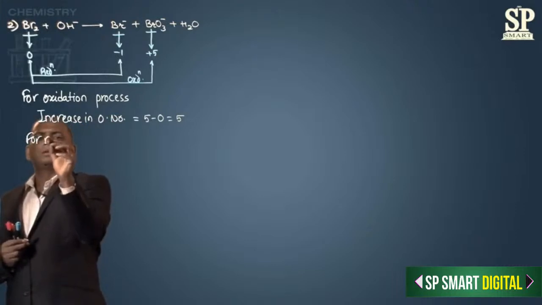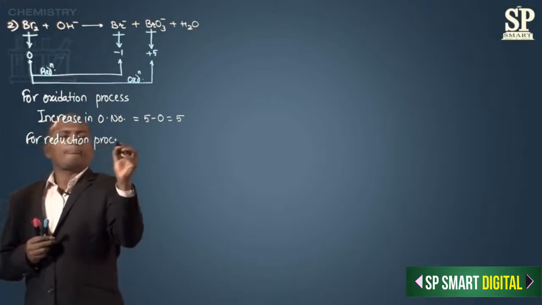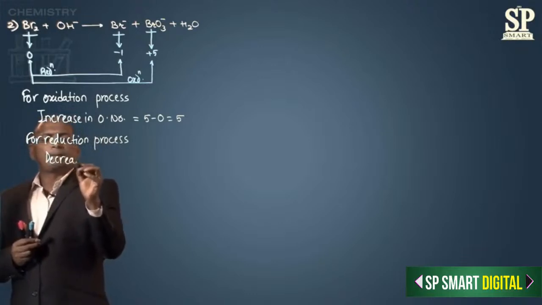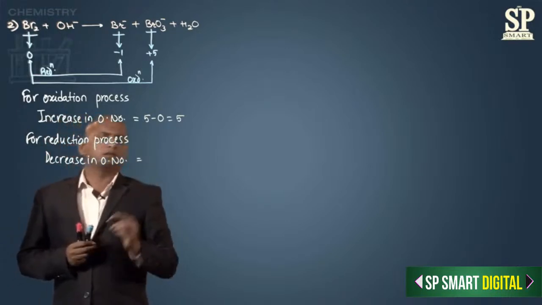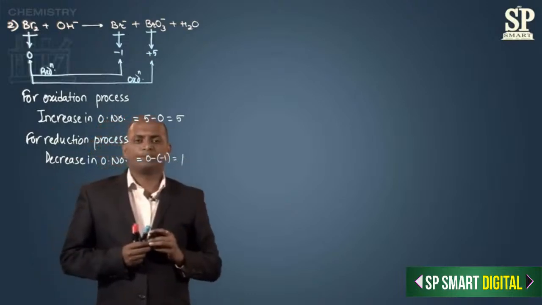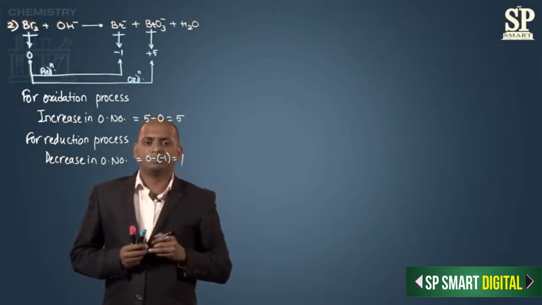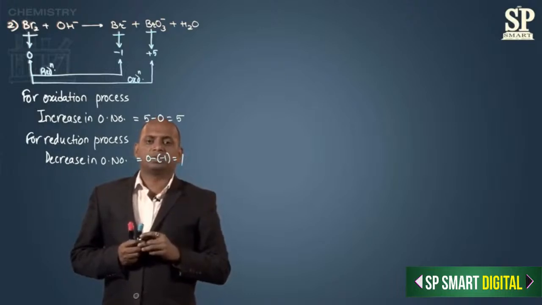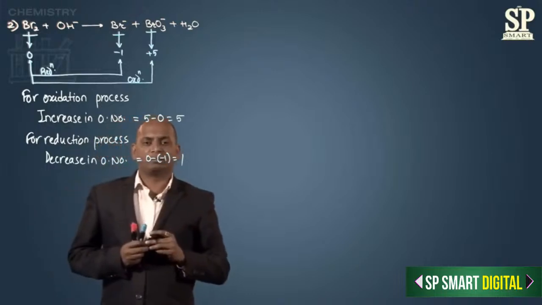For the reduction process, the decrease in oxidation number is 0 minus of minus 1, so 1. Now if we observe carefully, these values are not the same. So I have to convert this value to 5. How can we do that? I need to multiply this by 5.